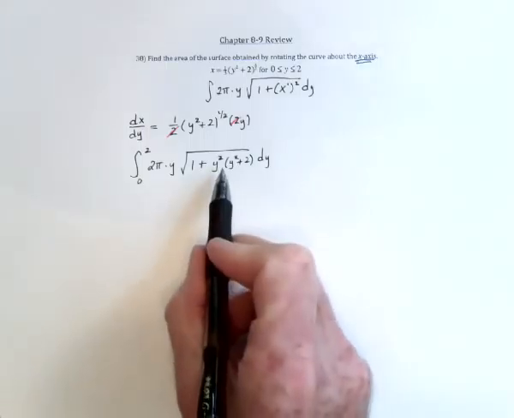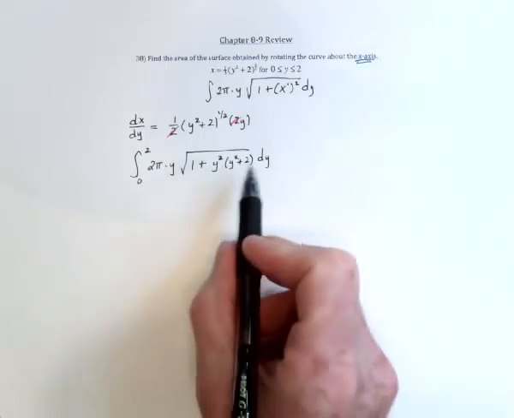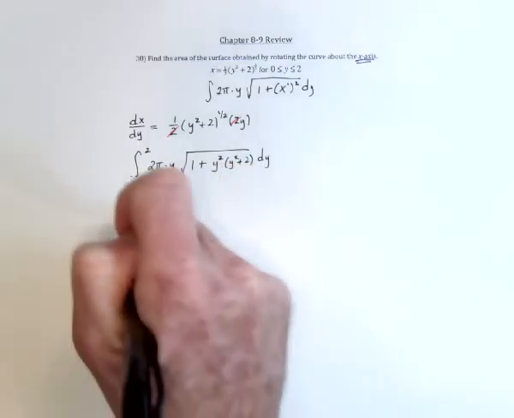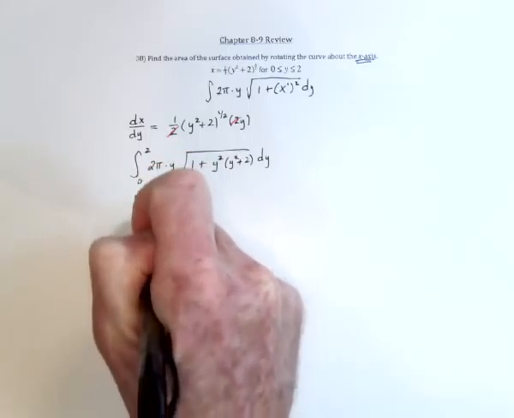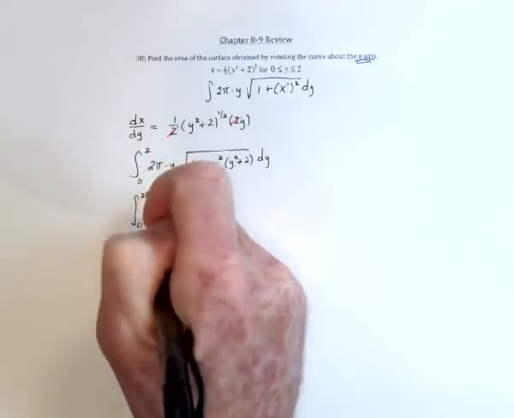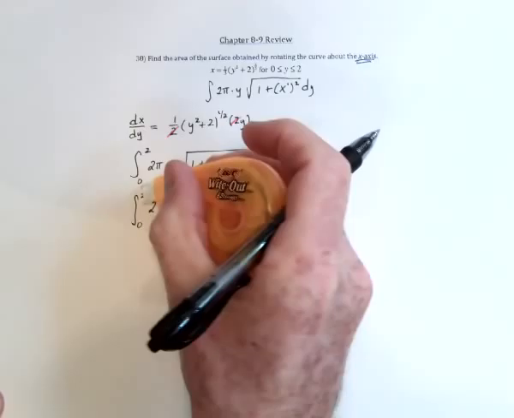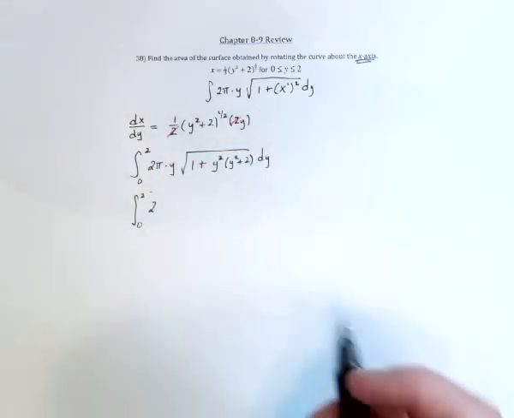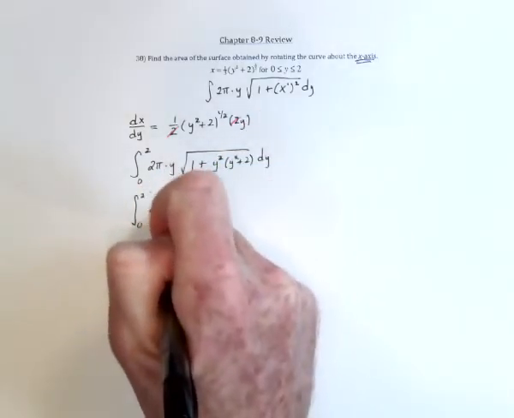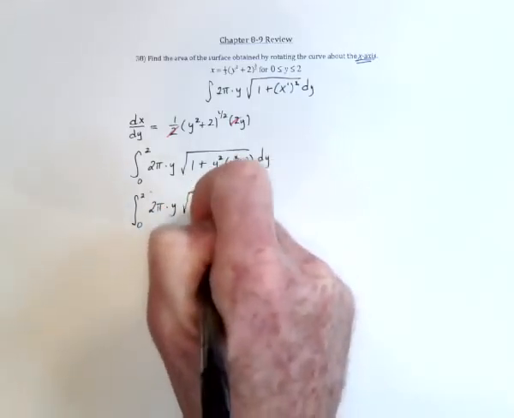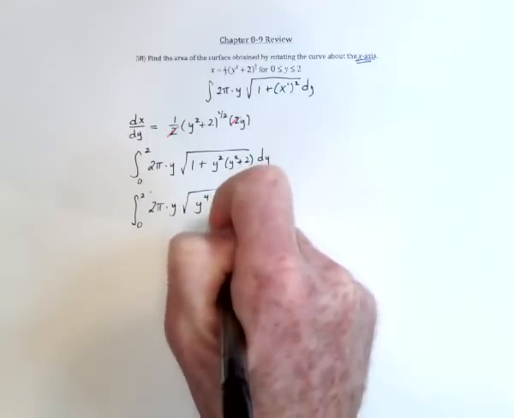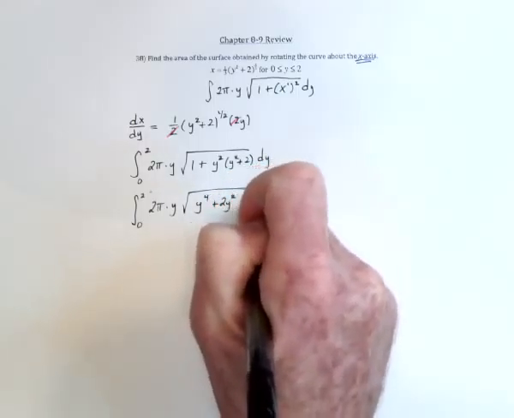Then multiply this out and get y to the 4th plus 2y squared. The limit is 0 to 2. And then it's 2 pi times y, the square root, and I'll put them in order, y to the 4th plus 2y squared plus 1.